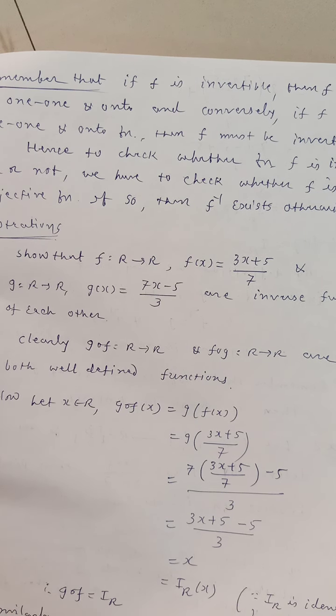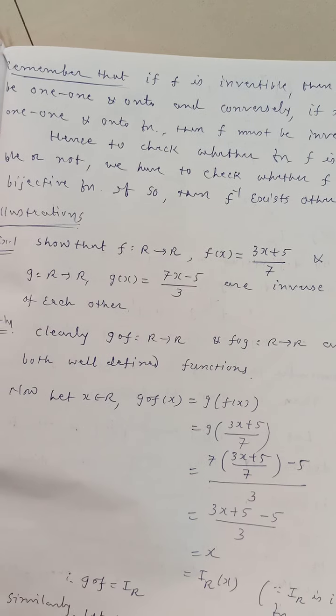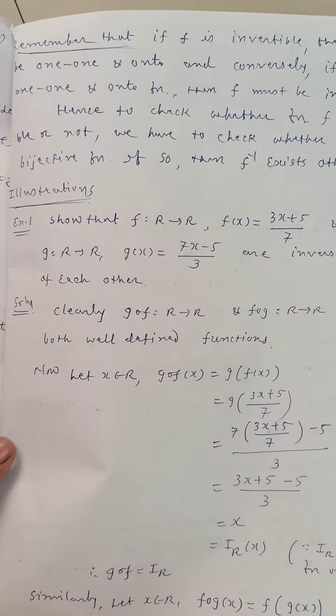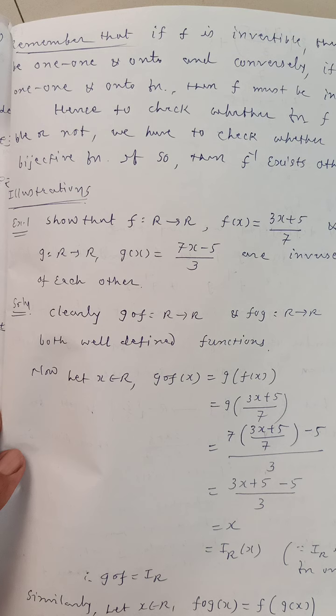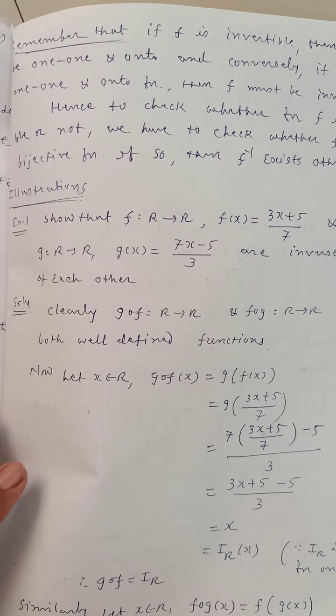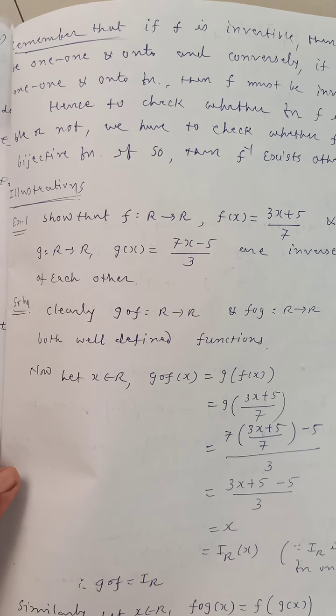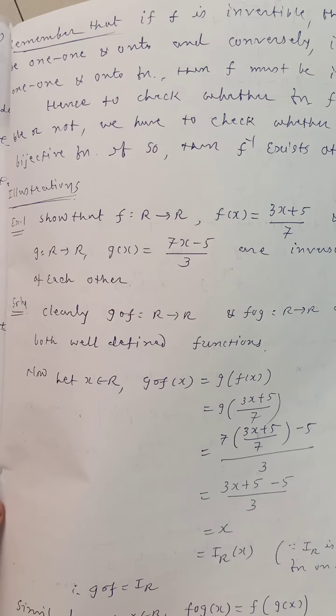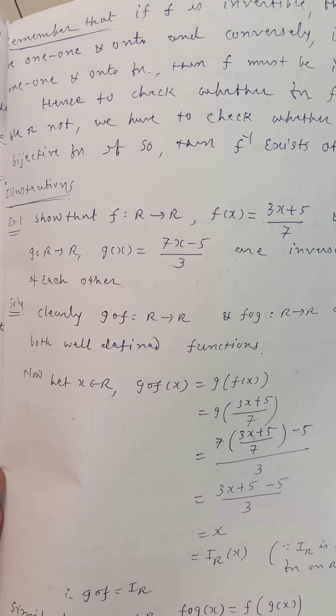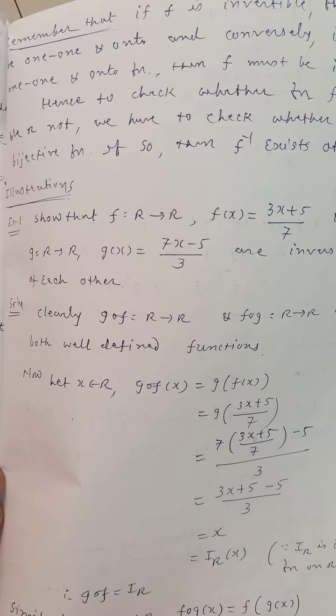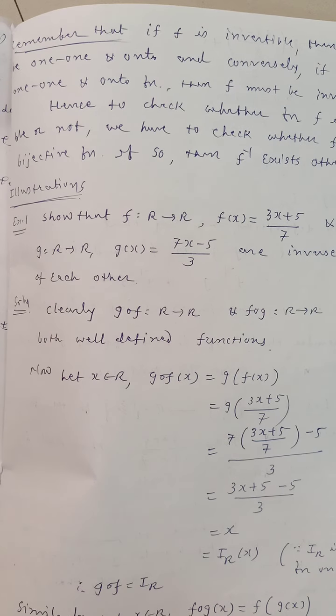When you have a question, find whether the given function has an inverse or not, what to check? Whether the function is one-one or not, then onto or not. If both are true, meaning the function is bijective, then we say f inverse exists, otherwise not.